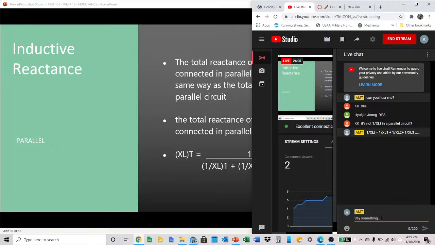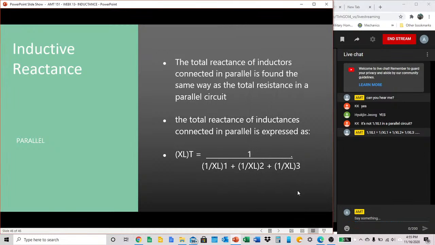Okay, so that is also the formula. They're the same thing. This is just written in a different way. So whatever information you have, you can plug it in to either formula.